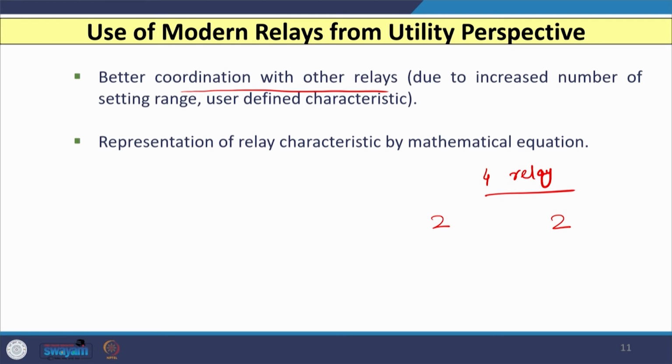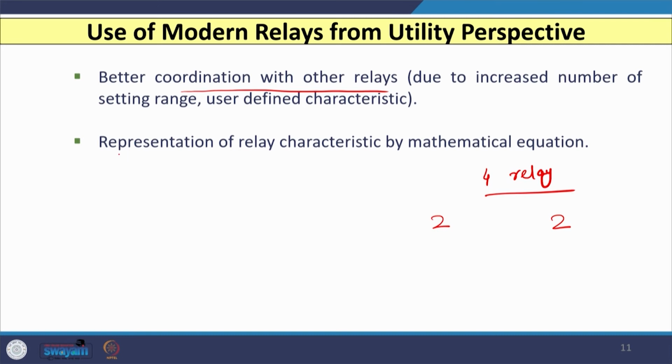If I wish to coordinate the characteristic of an IED with an electromechanical relay, or IED with IED, or IED with a digital relay, then you will have better coordination, because you have different setting ranges available in these relays and even your own user defined characteristic.